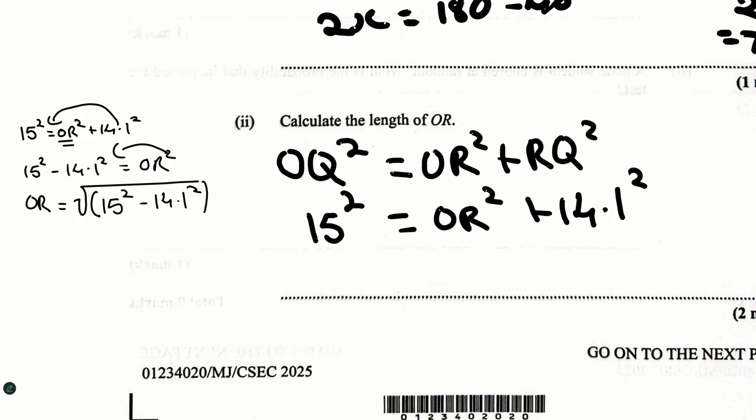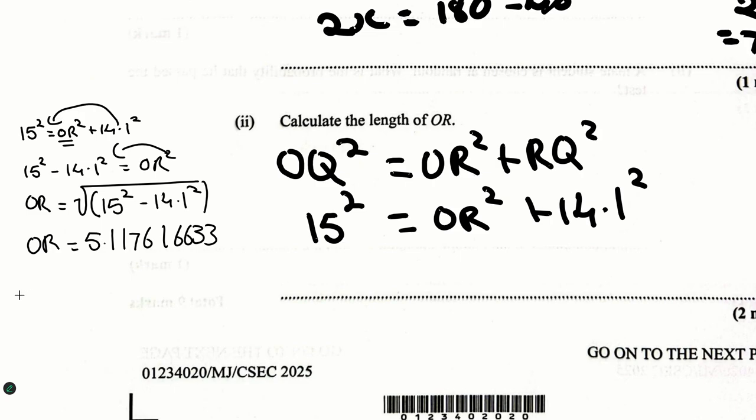I'm going to put exactly what you're seeing there in the calculator. So the square root of open bracket 15 squared minus 14.1 squared close bracket is equal to, so OR would be 5.117616633.